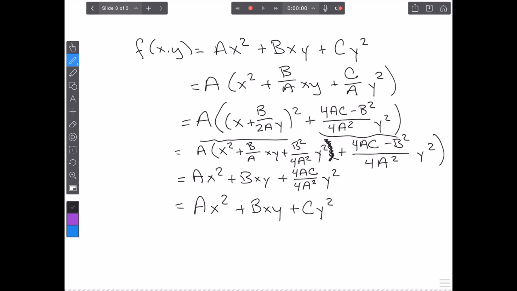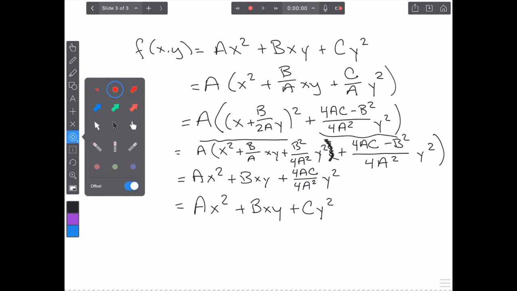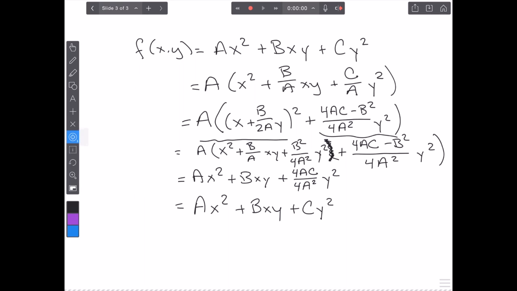Right, so we took kind of a long detour to see why this more complicated formula is the same as the simple polynomial, the simple quadratic function that I wrote up originally.